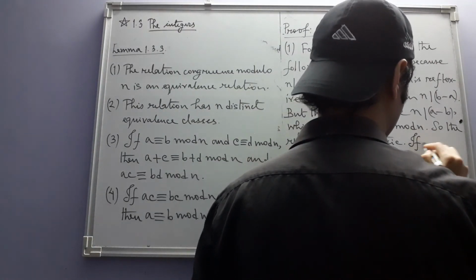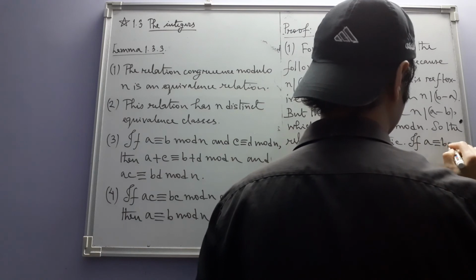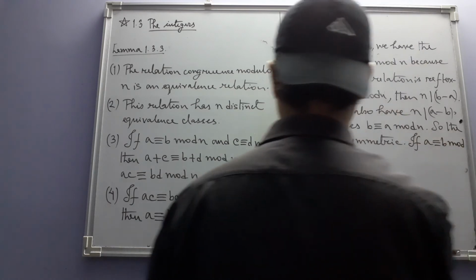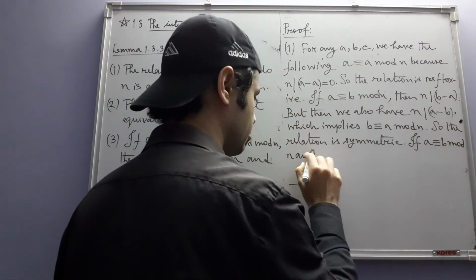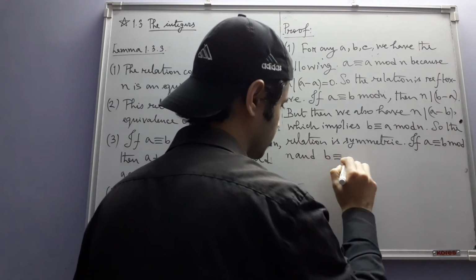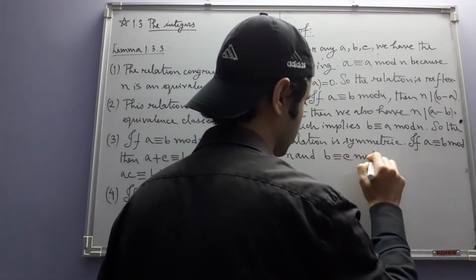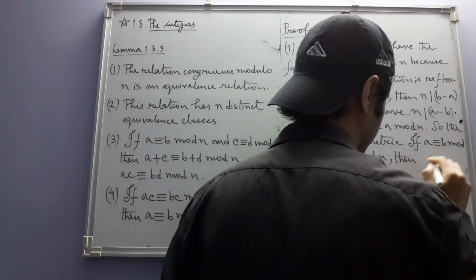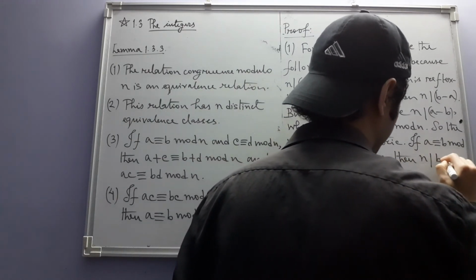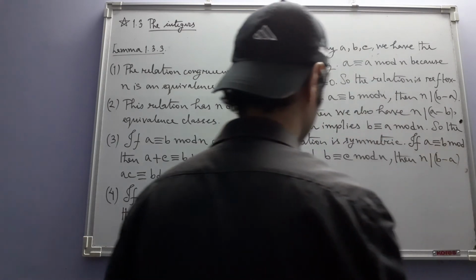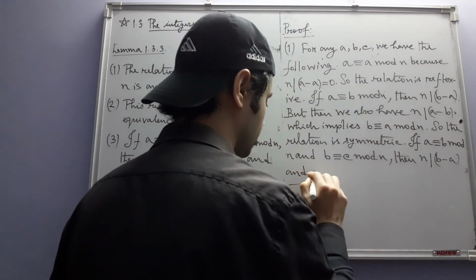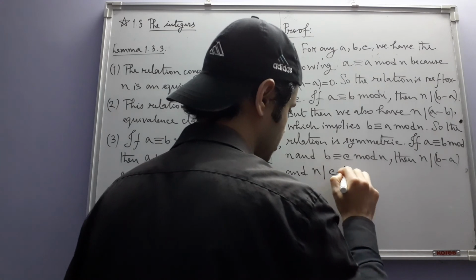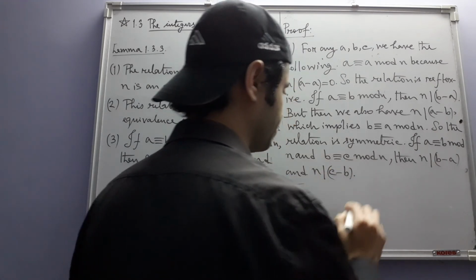Finally, if a is congruent to b mod n and b is congruent to c mod n, then n divides b minus a and n divides c minus b.